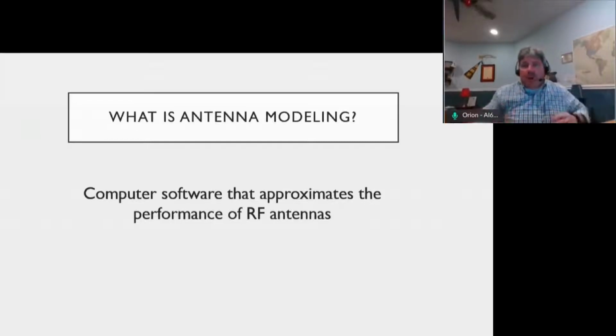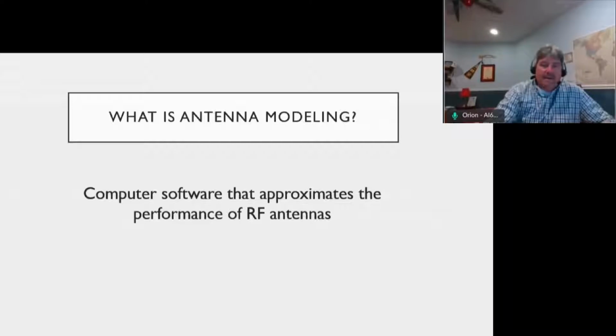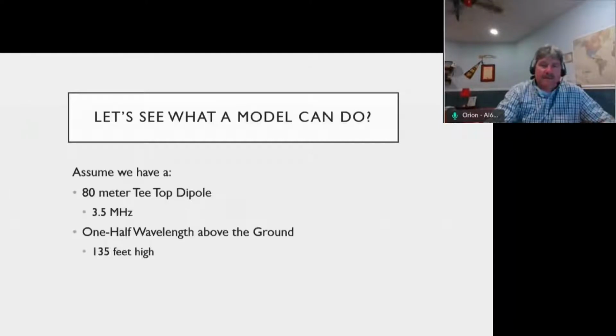So it's an approximation that gives you a rough idea. But what's nice is you can run it in a computer, tweak it, play around with it, and get a sense of what's going on with your antenna and go from there.